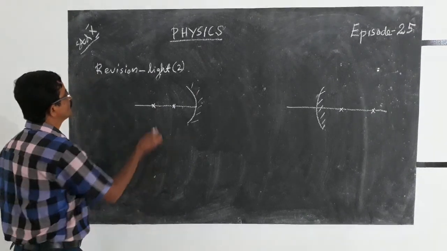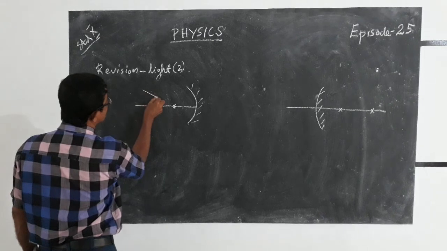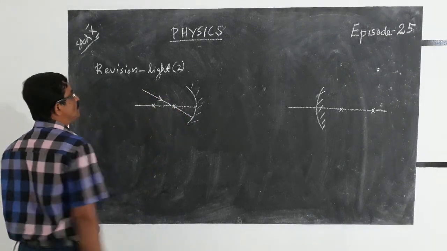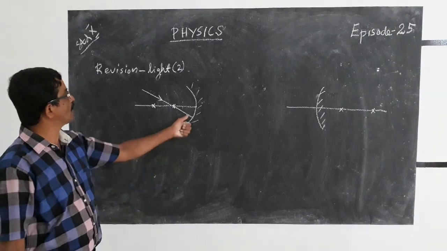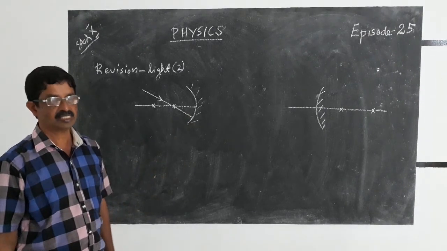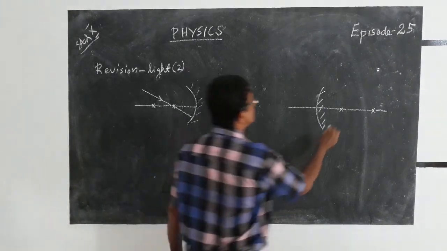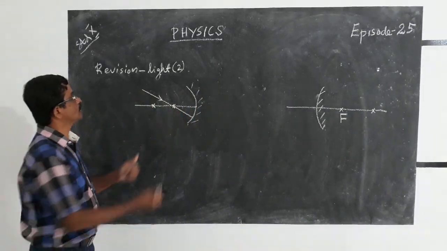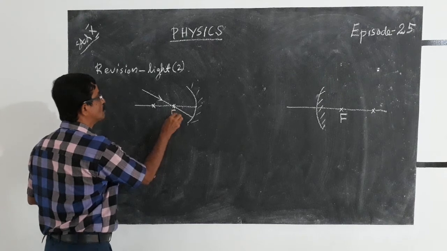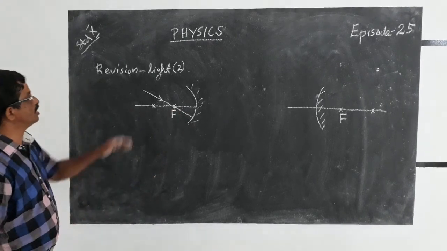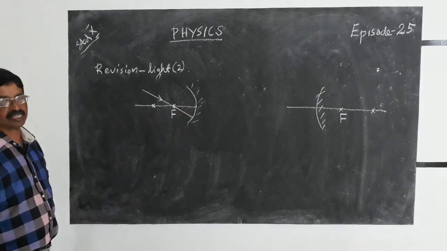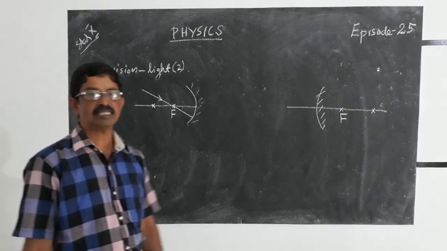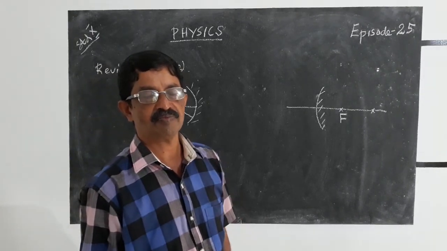Now consider another ray which is passing through the principal focus. After reflection, what happens to this reflected ray?